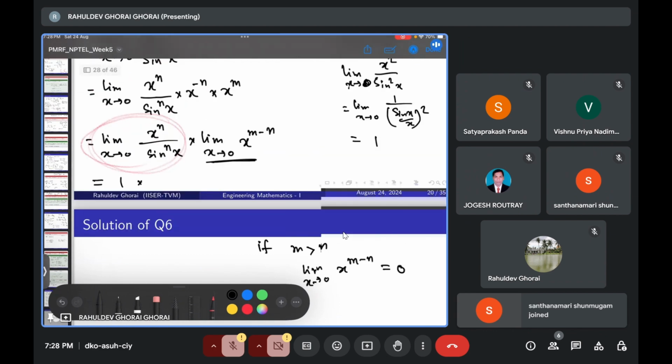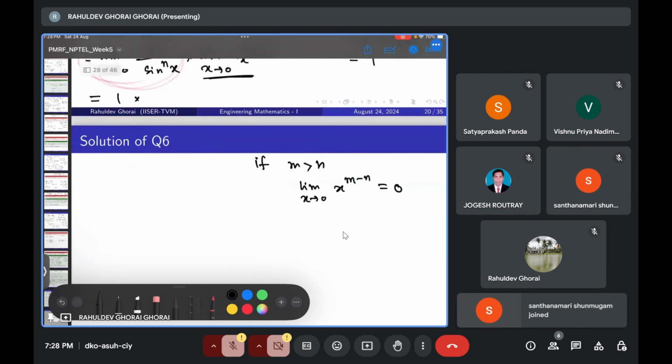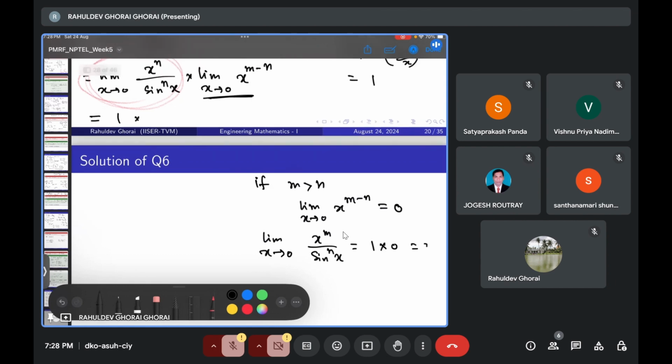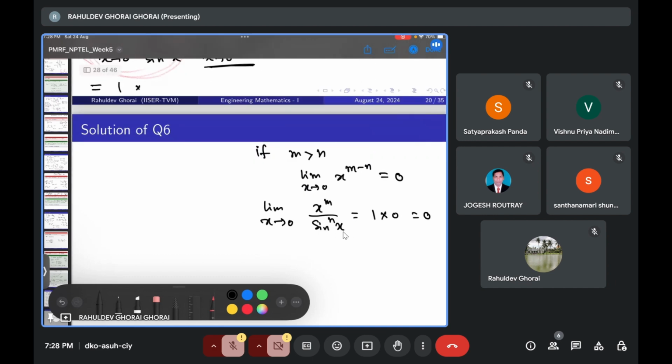So in that case, the limit as x tends to 0 of x to the power m over sin to the power nx will be 1 times 0, which is 0. So the limit exists. So the integral from 0 to pi by 2 of x to the power m over sin to the power nx is a proper integral, right?